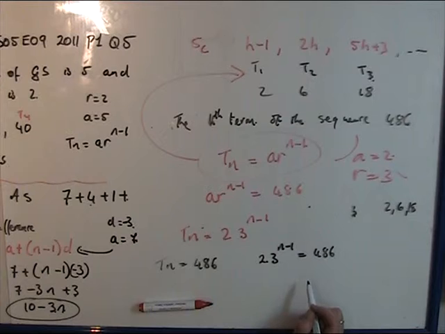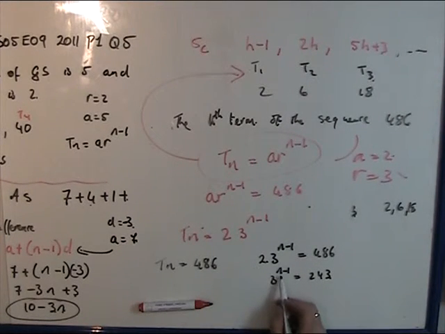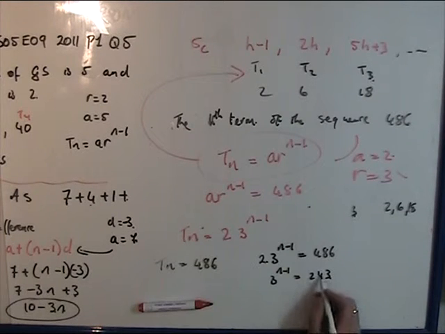So get rid of the 2: 3 to the power of n minus 1 is equal to 486 divided by 2, which is 243. Now I want the same base.